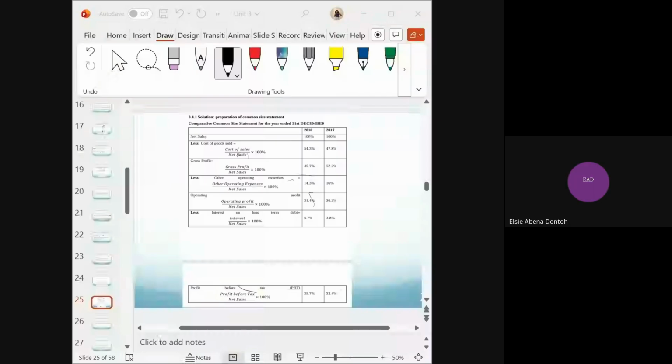I want a further understanding about why the cost of goods sold, or the cost of sales, in 2017 is less, 47.8% compared to 2016, which is 54.3%, and we said there is an increment, and the operating expenses too is 14.3% and 16% in 2017, and we also say there is an increment inside of the cost.